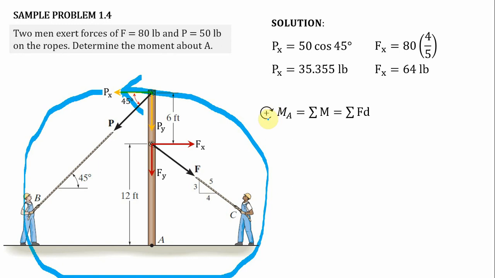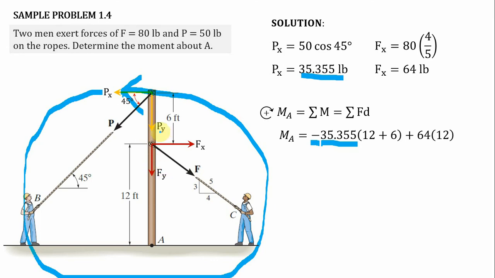So, the moment at A produced by Px is equal to negative times the force of Px. What is the force of Px? It is 35.355. So, negative 35.355, that is the force.